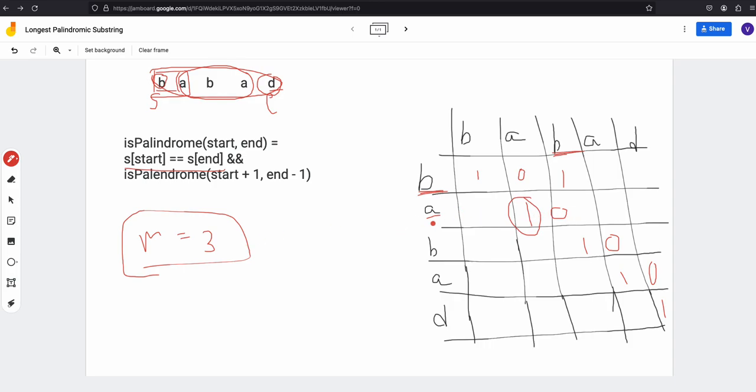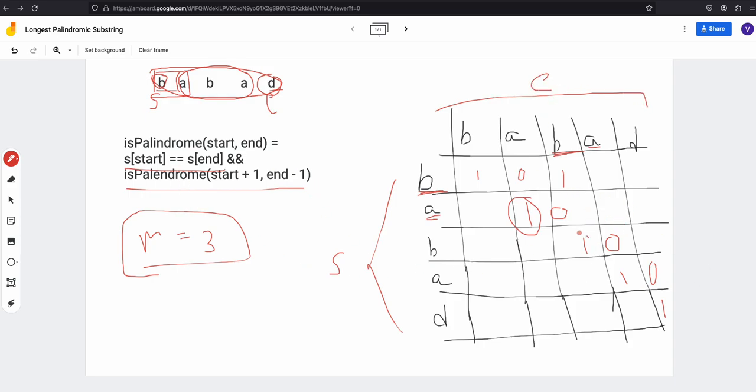Similarly, now we see here A starting and A ending. They both are the same. First condition satisfied. Now I'm checking the second condition. The second condition is this place, start plus 1. This part is start, and this part is end. They both are the same.